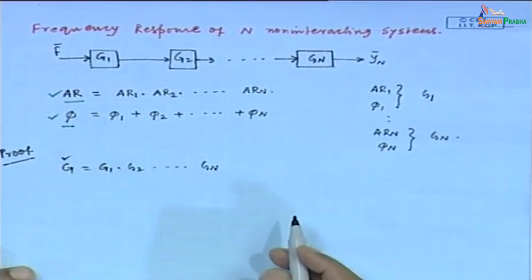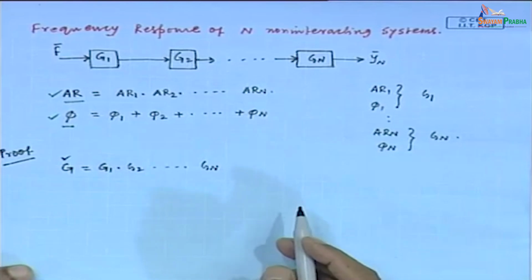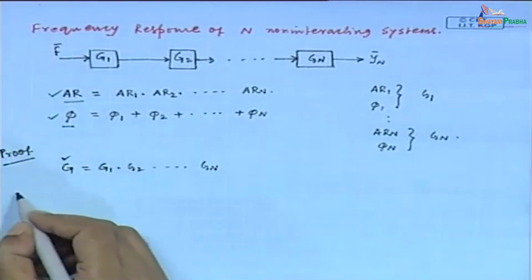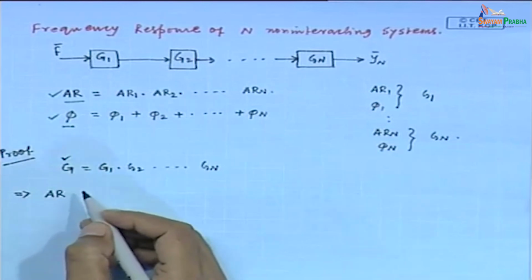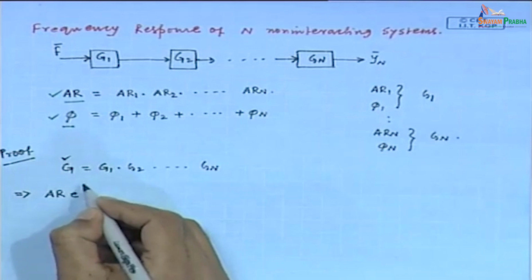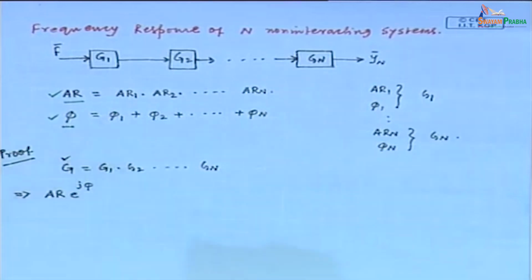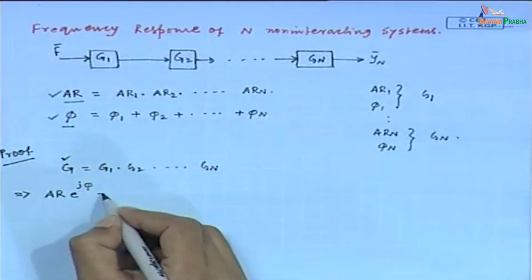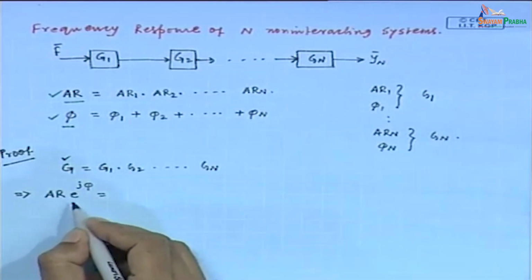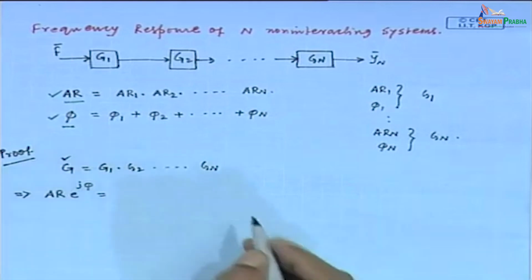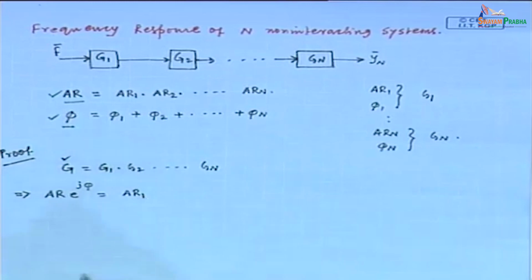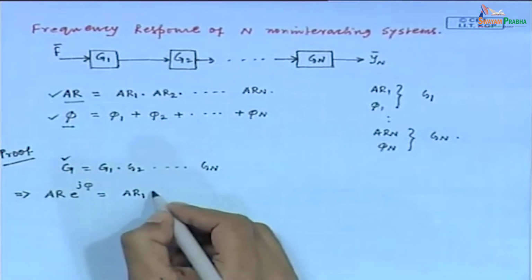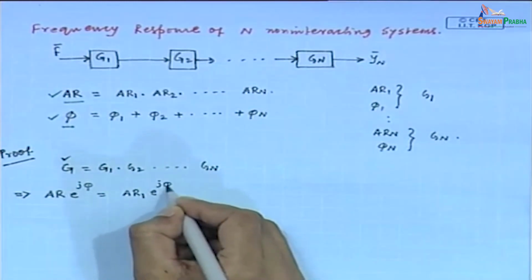Now, we will represent the transfer function in polar form. So, we can write amplitude ratio exponential j phi, this we have written for G for the overall system. Similarly, we can write for G1 as amplitude ratio 1 exponential j phi 1.